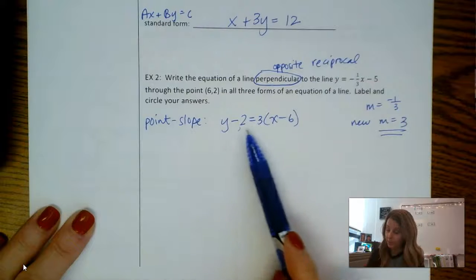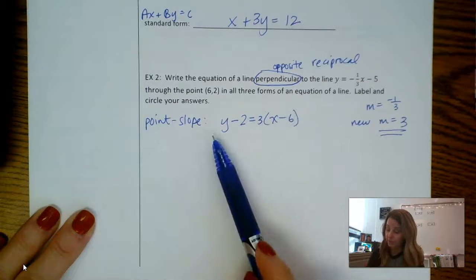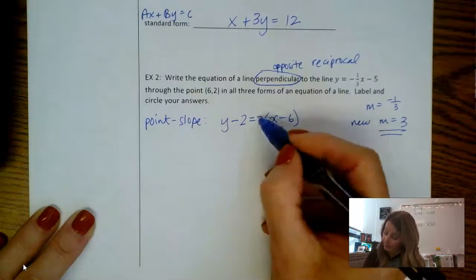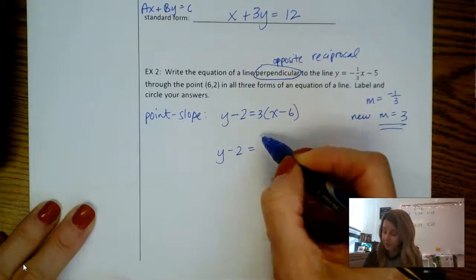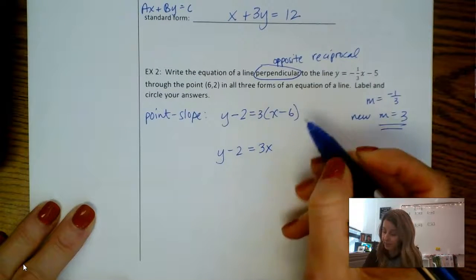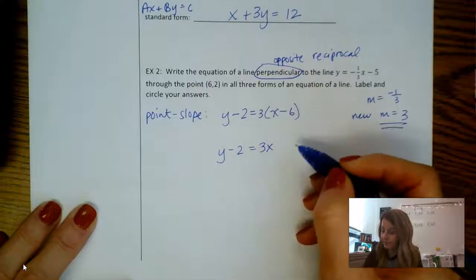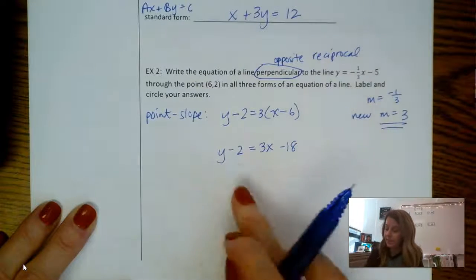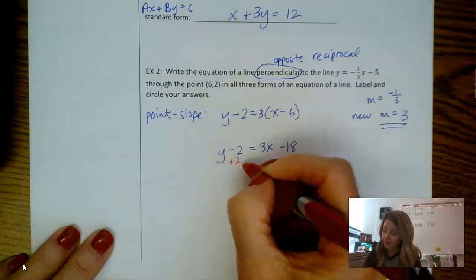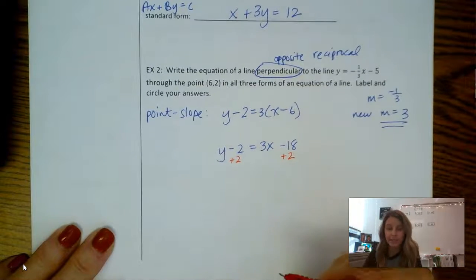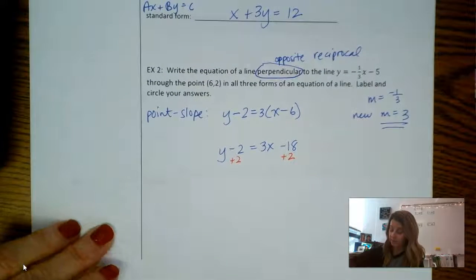Now I'm going to slope intercept. I need to do a little work here. I need to distribute in and solve for y. I'm going to multiply in first. So y minus 2 equals, 3 times x is 3x. 3 times -6 is -18. Then I need to move the 2 over to the other side. So add 2, and I'm going to align it under the 18 because those are the ones I can actually combine it with.